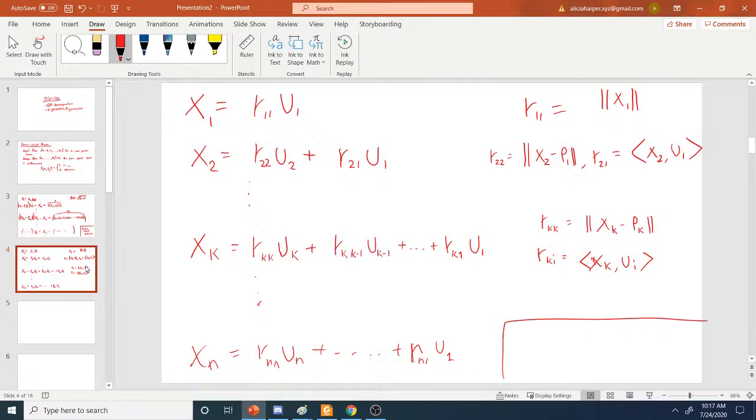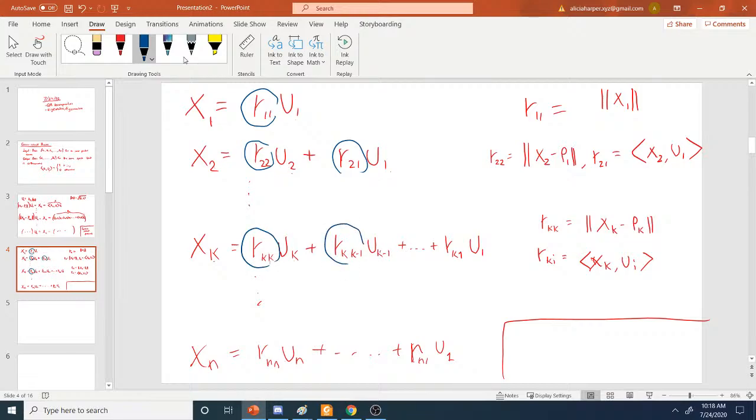So this allows us to express the vector x1 in terms of the vector u1, the vector x2 in terms of the vectors u2 and u1, and likewise we can express the vector xk in terms of the vector uk through u1. And so as we're doing this version of the Gram-Schmidt process, we're picking up these coefficients, r11, r22, r21, etc.